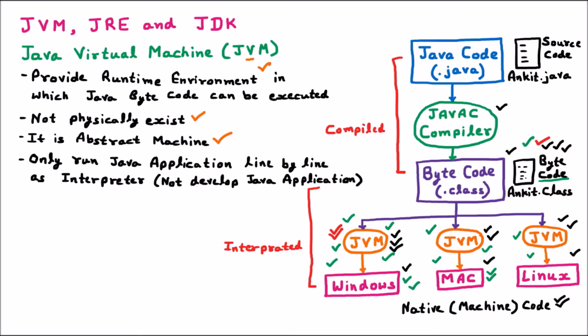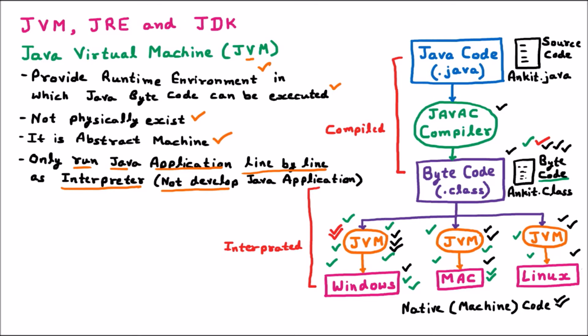Here it performs tasks like loading the code, verifying the code, and executing the code. And here bytecode can be executed. Here we are only running the Java application. We are not developing the application. JVM runs the application line by line. That's why it is also called the interpreter.